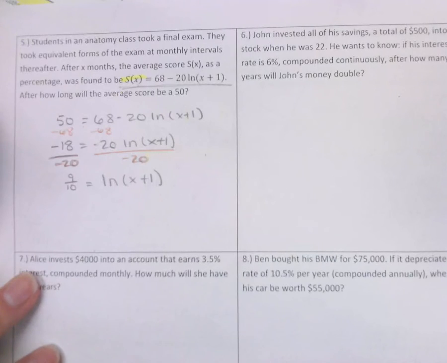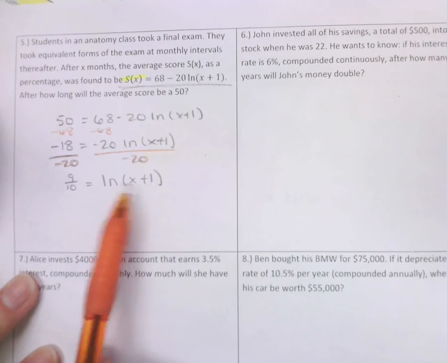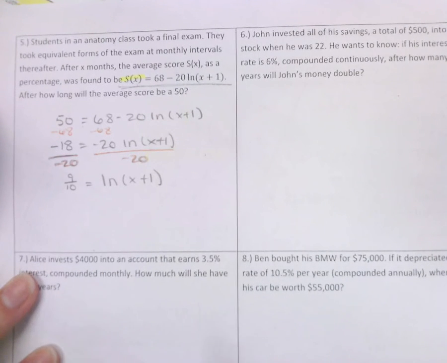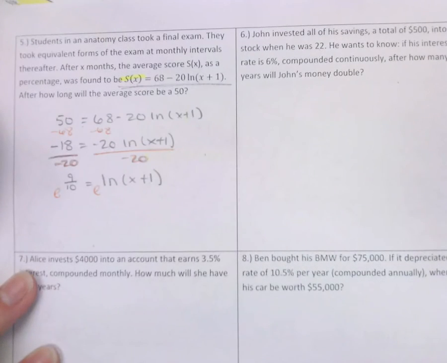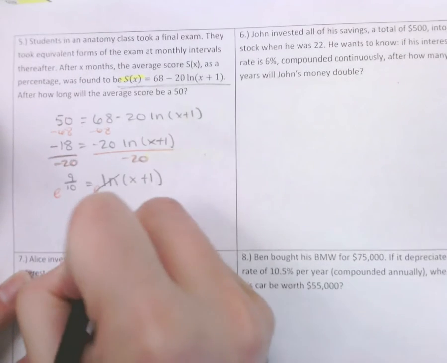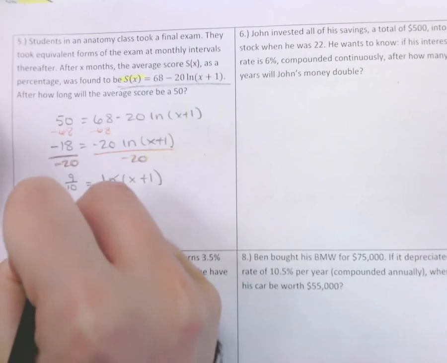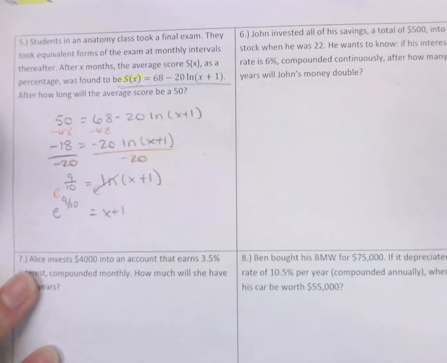Okay, now we use e. Once you've got everything away from the ln and the only thing left is the natural log, you're going to use e. These cancel, you get x plus 1, and then over here I have e to the 9/10. Your calculator will tell you what that is.